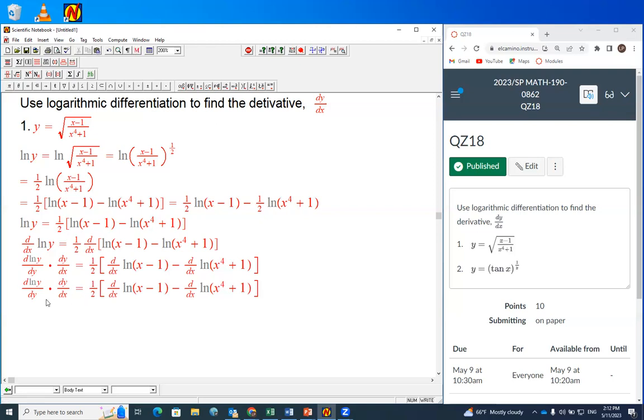Then we get the first part, which equals 1 over y times dy/dx, since we want to find dy/dx. On the other side, we're differentiating this using the chain rule, and the derivative of that is going to give us 1 over (x minus 1) multiplied by the derivative of x minus 1.